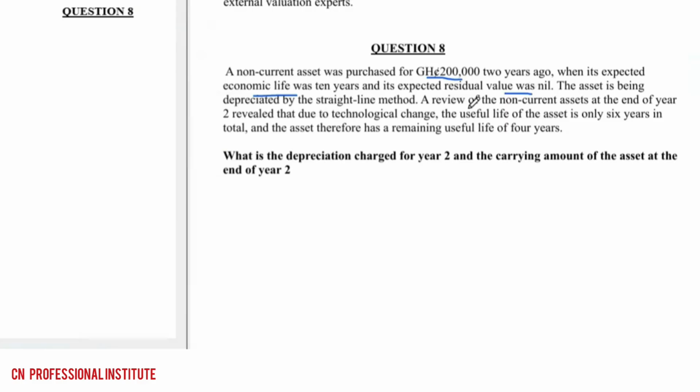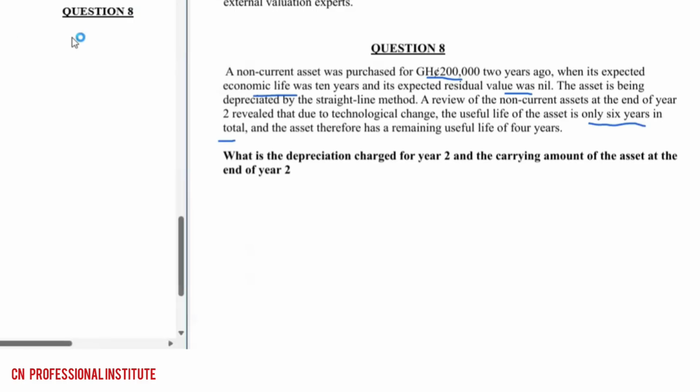A review of the non-current asset at the end of year 2 revealed that due to technological change, the useful life of the asset is only 6 years in total, and therefore the asset has a remaining useful life of 4 years.